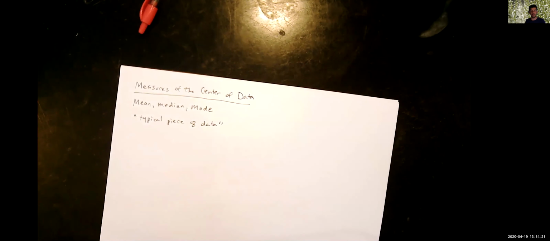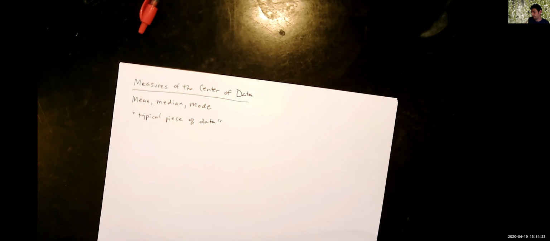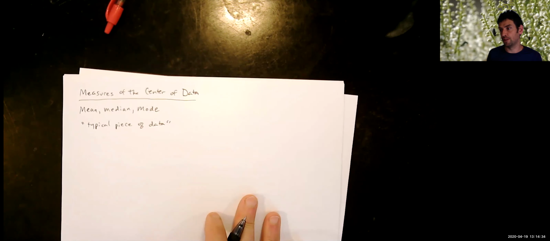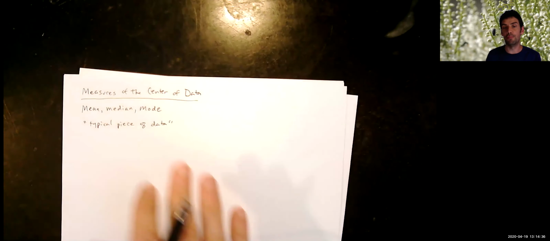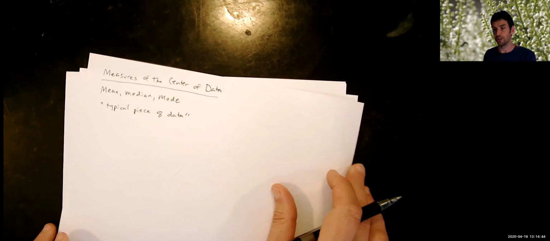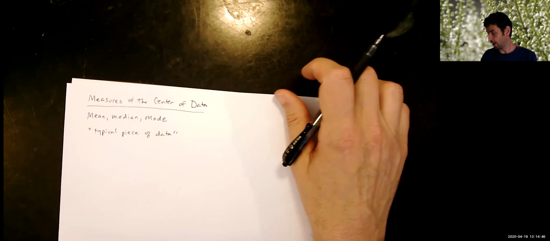Now, this is not a very precise phrase, and it's not necessarily something we can come up with a precise phrase for. What do we mean by typical? We'll see the differences that can come about in the meaning of these. In this video, I mostly just want to define these things, and we'll have another video where we talk about the differences of when we will want to use one over the other.